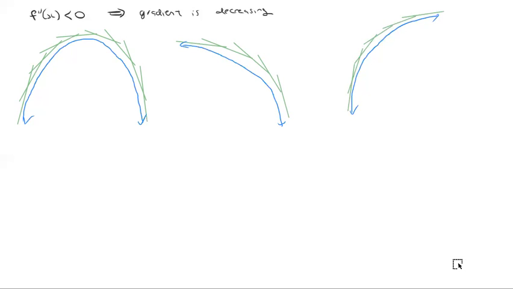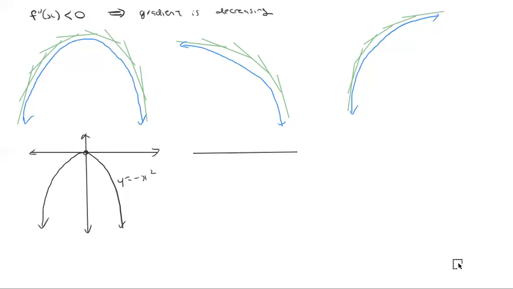And so this would be something perhaps like negative x squared. That would perhaps be something like, you could think of this as the hyperbola one, for example.